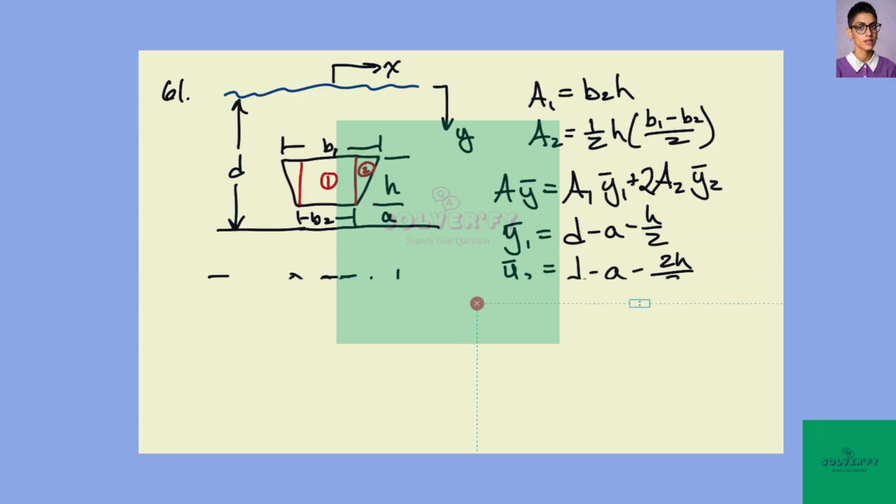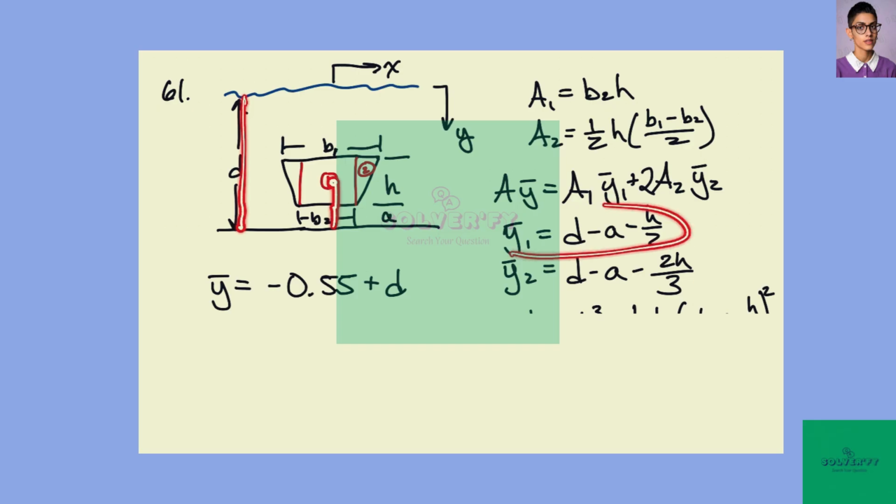Now we can figure out what y1 and y2 are in terms of the dimensions we were given. So we know that the centroid of the square is right at the center of the square. So we need to go down a distance d, back up a distance a, and then back up a distance h over 2, and that will locate the centroid of the square.